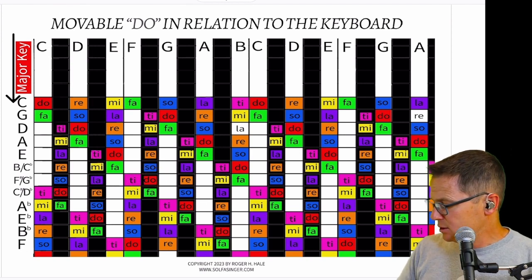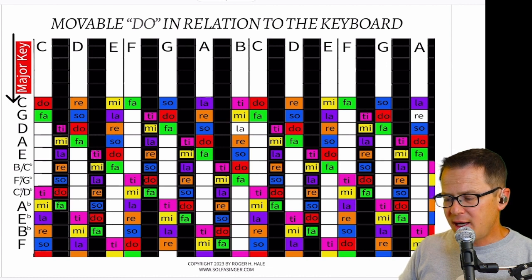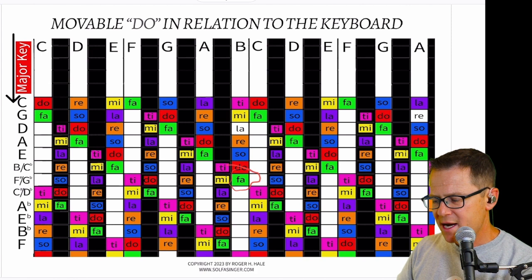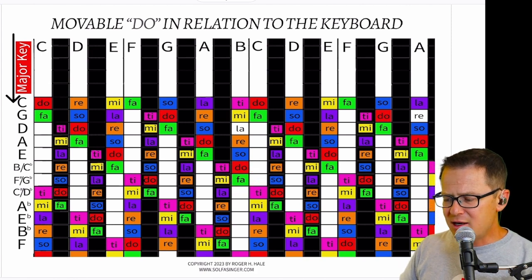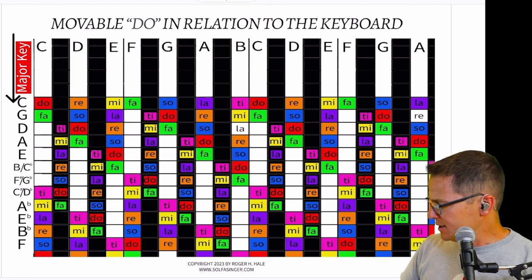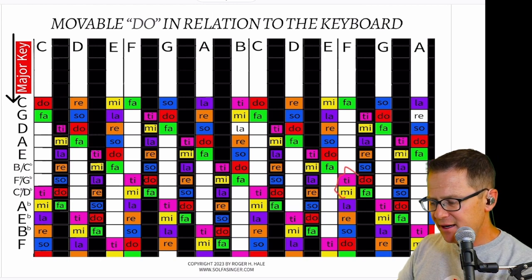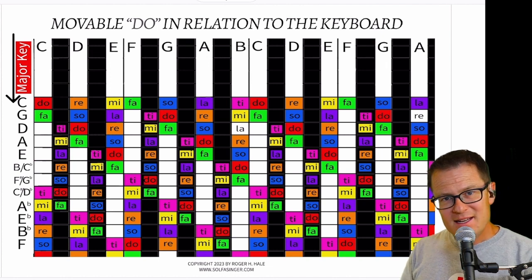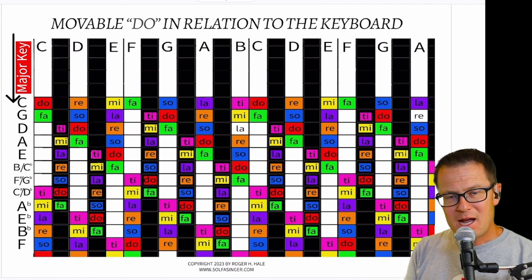Do, re, mi, fa. Fa is on a white key. Fa, sol, la, ti, do. Okay, is that helpful? I hope so.